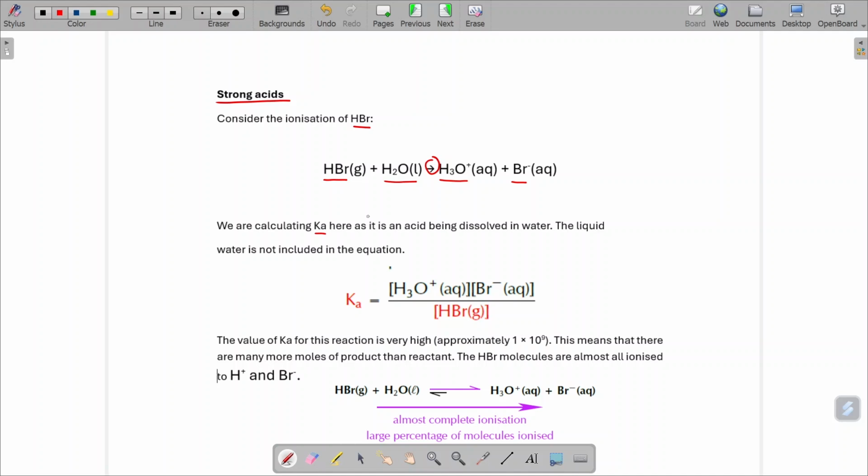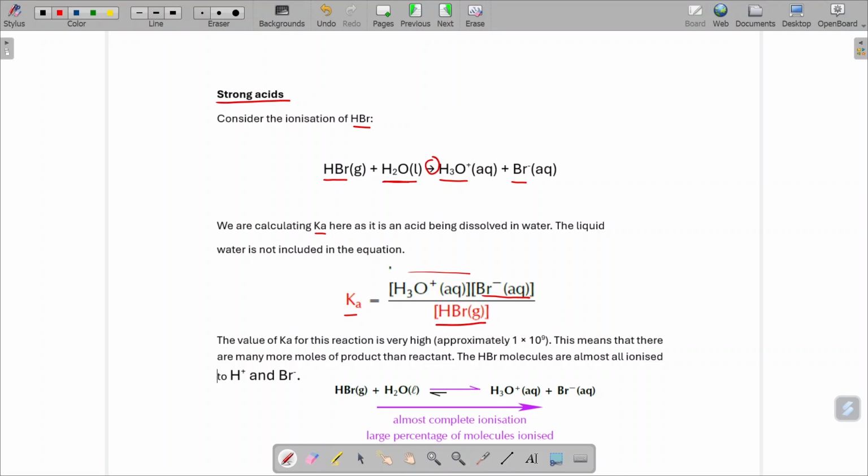Let's calculate a value of Ka, and first of all, let's write an expression for the equilibrium constant of this acid ionization reaction. So if we look at this, we see that it's the concentration of the hydronium multiplied by the concentration of the bromide, because those are the products, divided by the concentration of the hydrogen bromide.